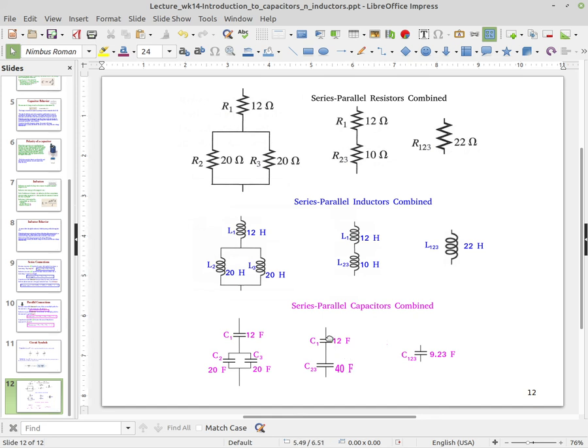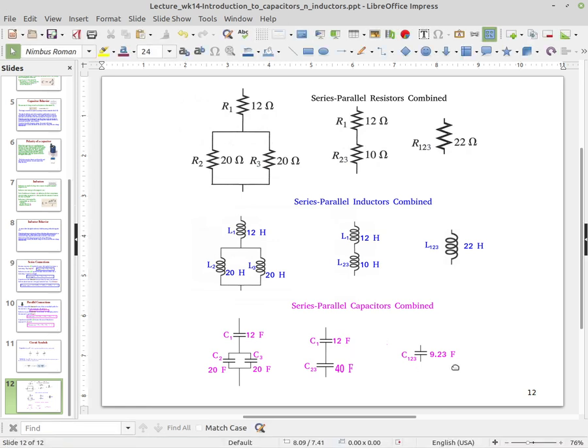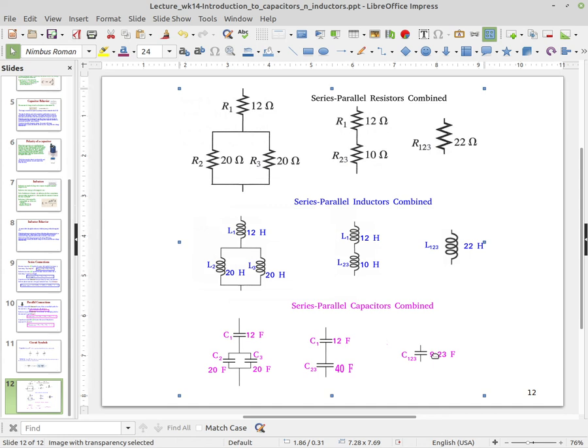Then those are in series with C1, but when they combine in series, it's like resistors in parallel, and so we end up with something less than 12. The actual value, to 3 significant digits, is 9.23 farads. So that's how we combine capacitors and inductors in series and parallel.